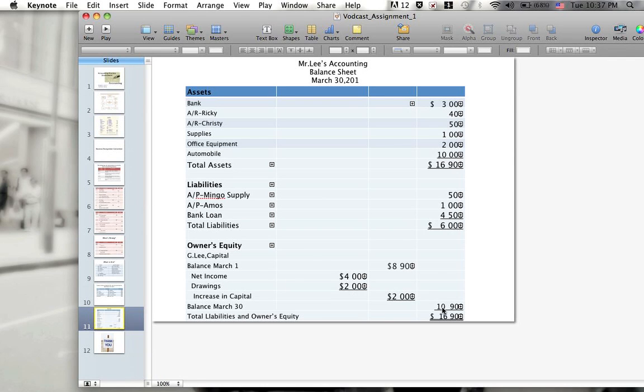In order to find the balance for March 30, add up 8,900 and 2,000 to get the balance. And then add it to the total liabilities to get the total liabilities and owner's equity. Note that it has to balance with the total assets because this is a balance sheet.